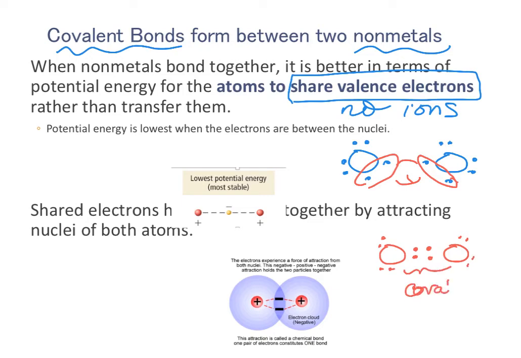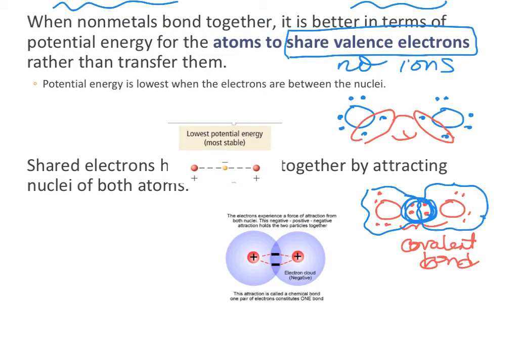It happens to be a double bond because there are 2 pairs in there. But by sharing valence electrons, guess what? They each now have, or they each feel like they have, 8 valence electrons. Whoops, I wrote that wrong. So they each can claim the 4 in the middle.